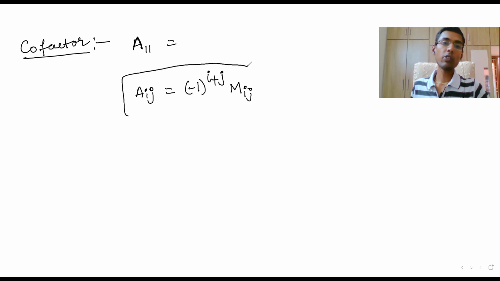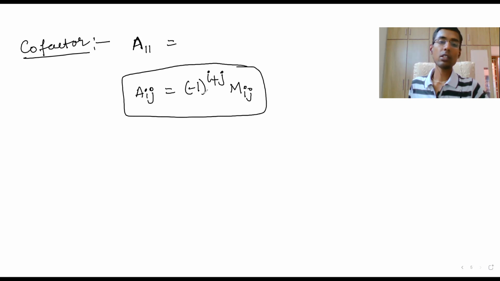So for the minor only, you multiply by minus 1 to the power of i plus j. A11 means minus 1 to the power of 1 plus 1 into M11, that is M11 only.